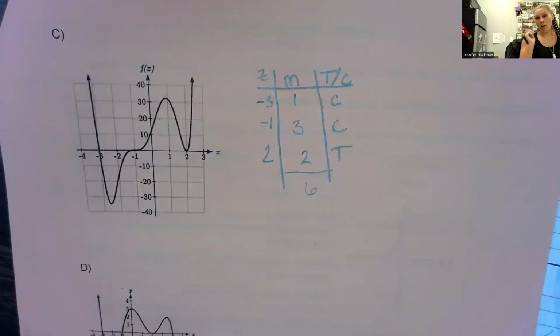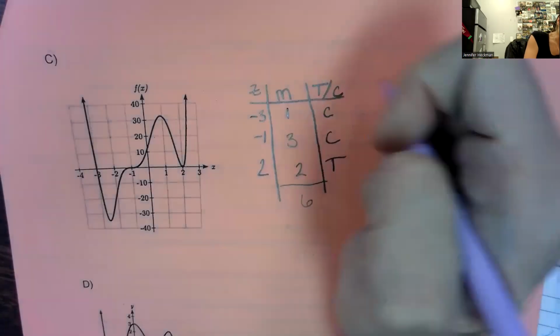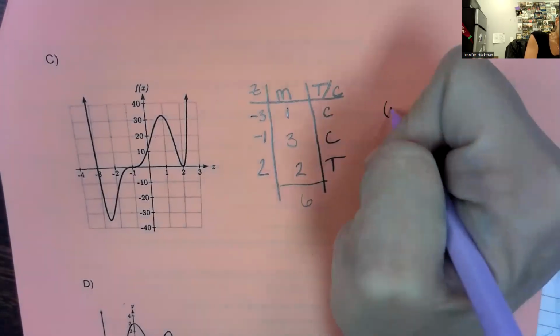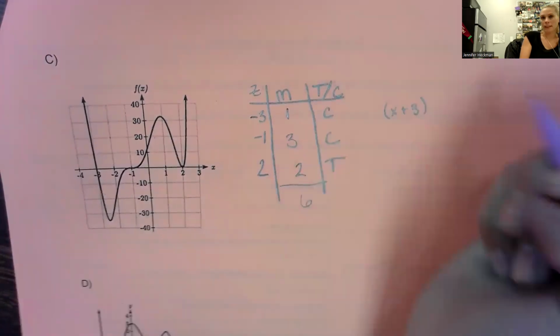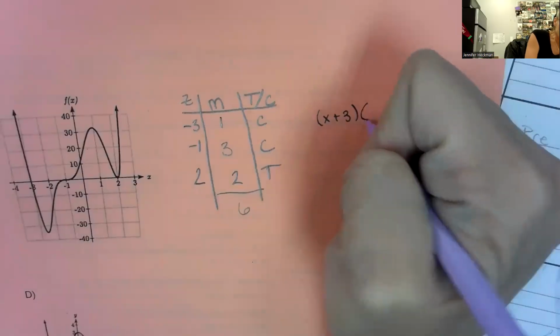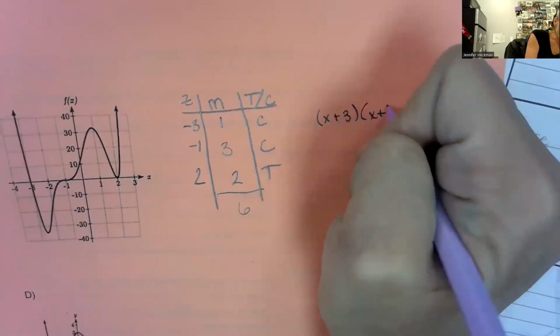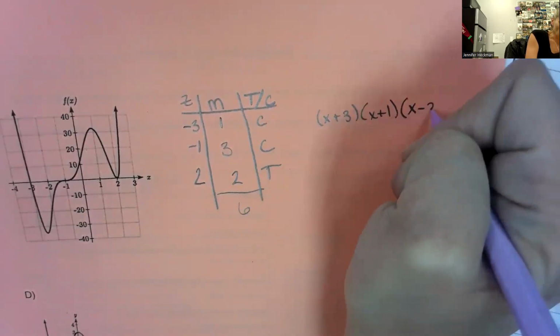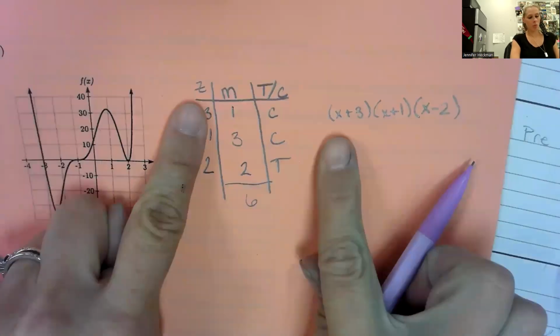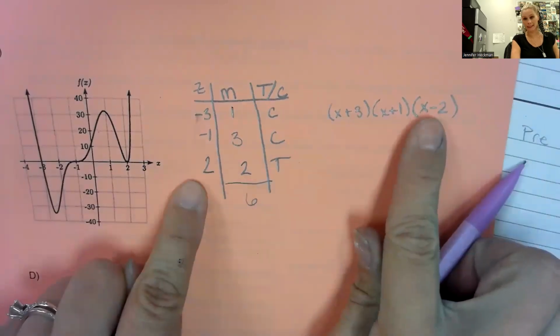Now remember, like we did with the ones that were written down, we have to take our zeros and format those. So I get x plus 3. We want to do the opposite, right? We kind of want to solve backwards. x plus 1, x minus 2. Remember, what makes that 0?